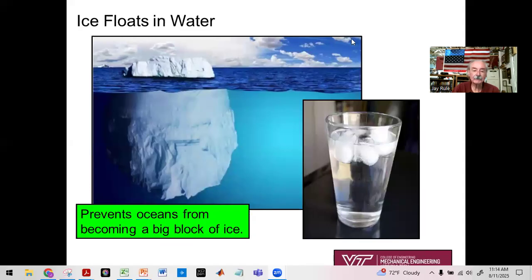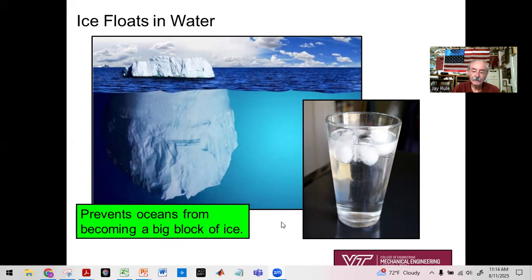So what's the conclusion? As ice gets colder and colder, it floats in water. Ice always floats in water because it's always less dense than water. And the neat thing about that, so here's on your counter, you observe this. In the ocean, you observe this.